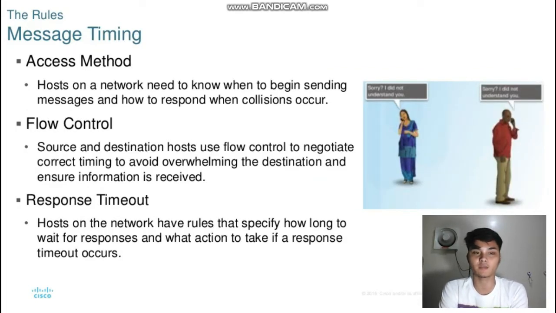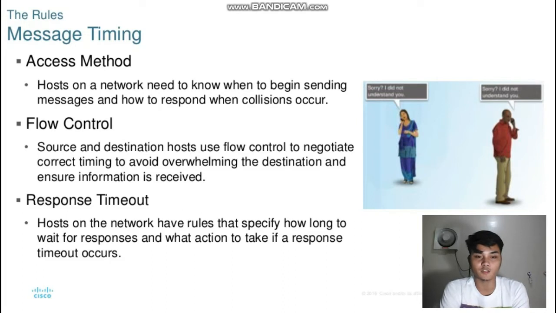Message timing, starting with the access method. Hosts on a network need to know when to begin sending messages and how to respond when collisions occur. Next is flow control.